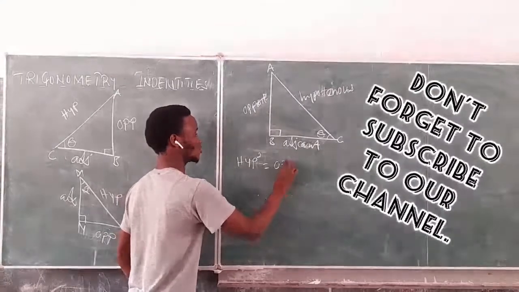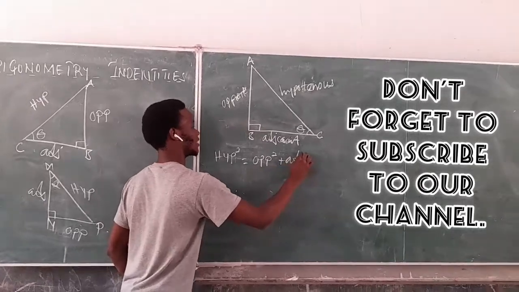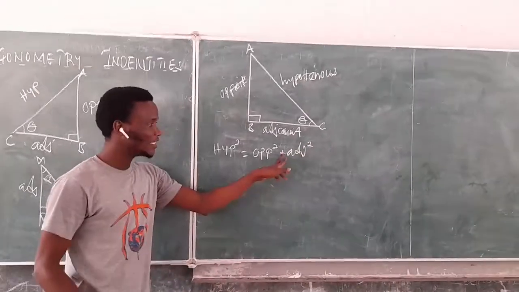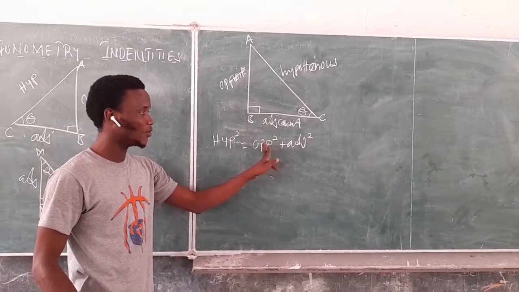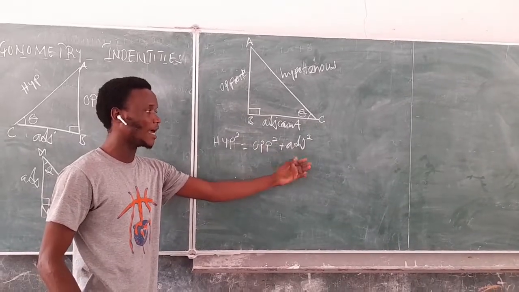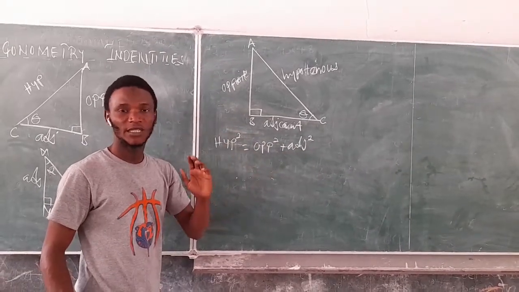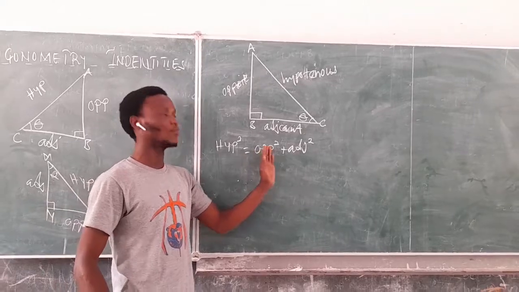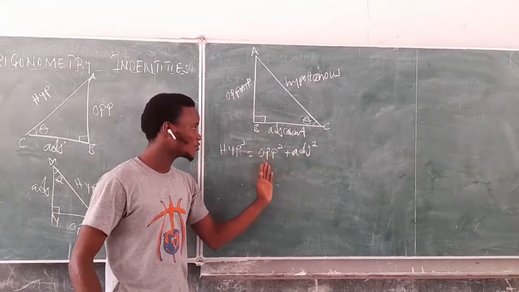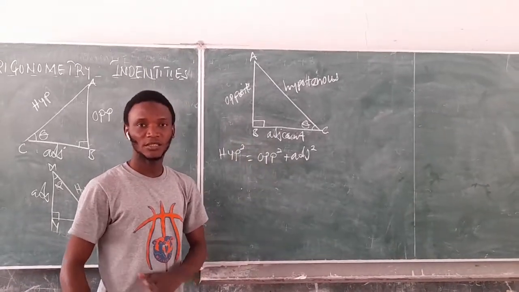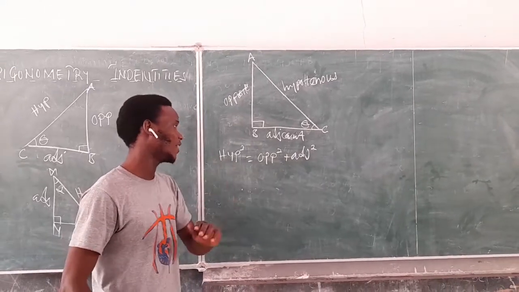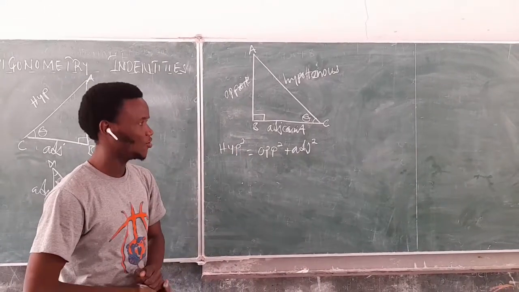The hypotenuse square equals the opposite square plus the adjacent square. Since there is an addition sign between the opposite and the adjacent, they are commutative, so the arrangement does not matter. You can either start with the adjacent square plus the opposite square, or the opposite square plus the adjacent square, vice versa. This is what the Pythagoras theorem is telling us.